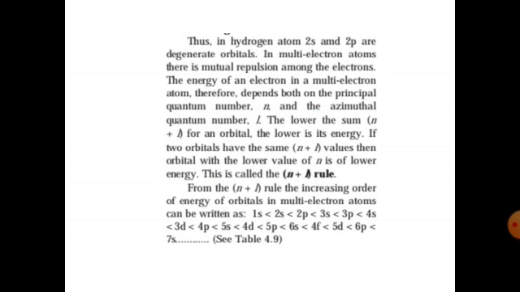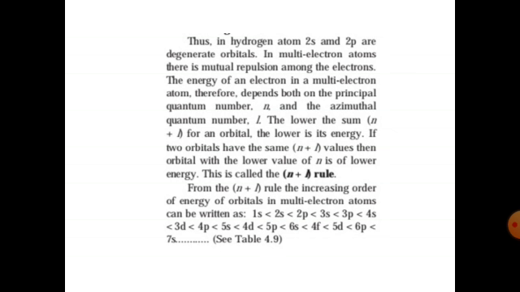In hydrogen there is only one electron, so only the principal quantum number is useful for writing the electronic configuration. But in multi-electron atoms, both the principal quantum number and the azimuthal quantum number l are important to write the electronic configuration.